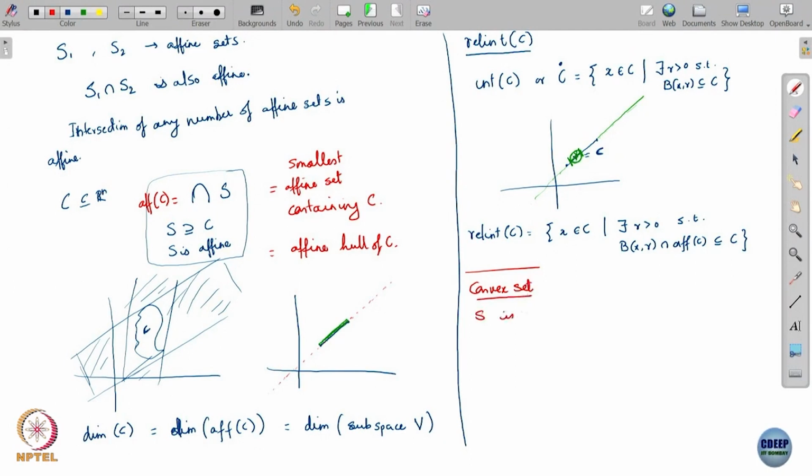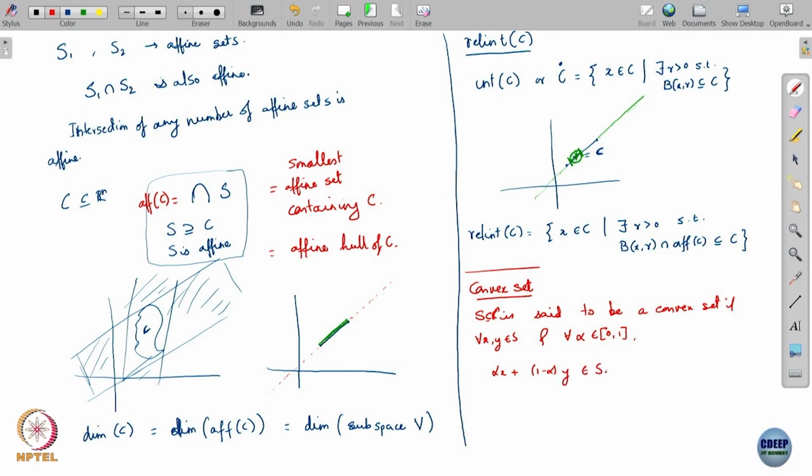A set S in Rn is said to be a convex set if for all x, y in S and for all alpha belonging to [0, 1], alpha x plus (1 minus alpha) y belongs to S. Okay.